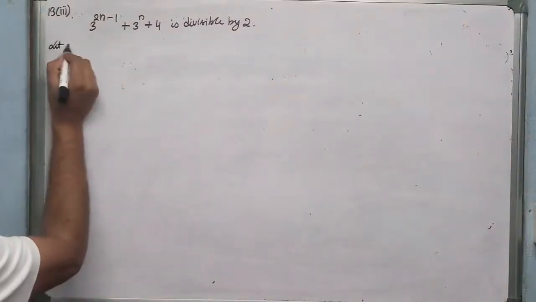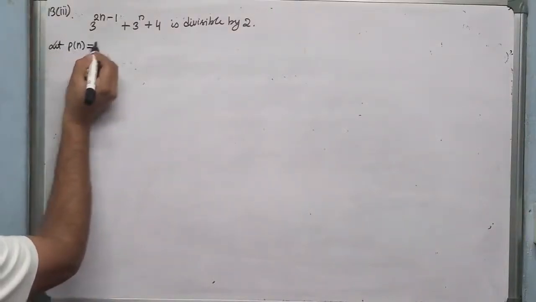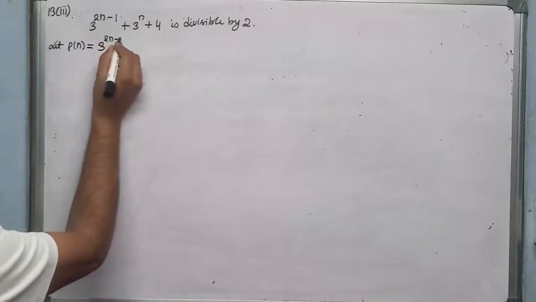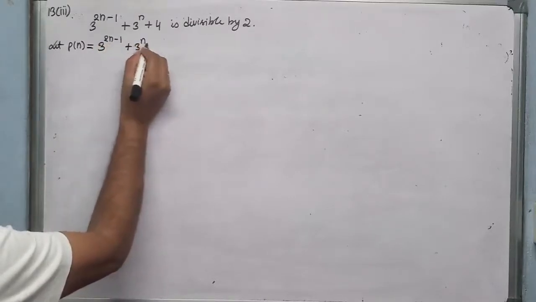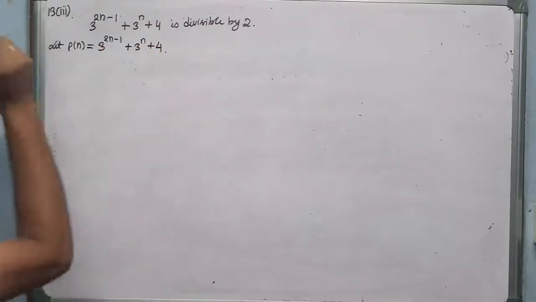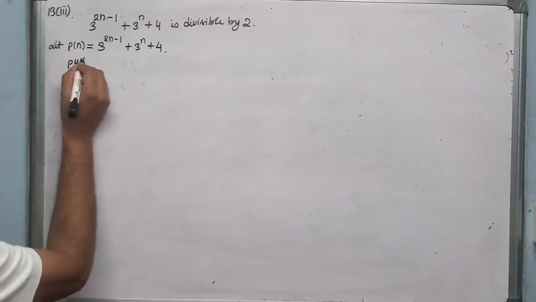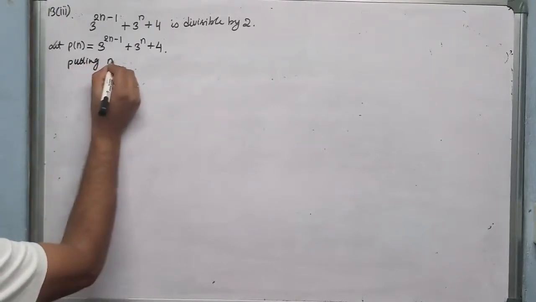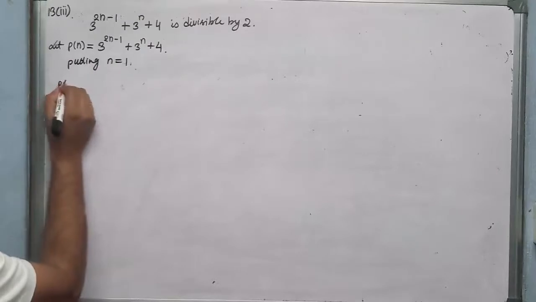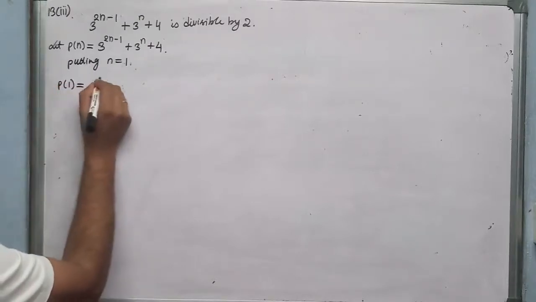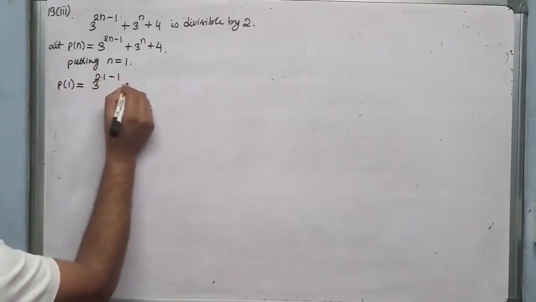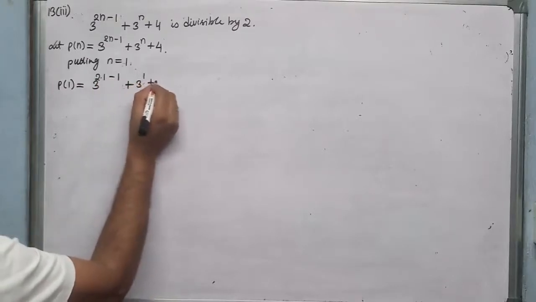Now I'll consider that Pn is equal to 3 to the power 2n minus 1 plus 3 to the power n plus 4. Same method: putting n equal to 1, P1 is equal to 3 to the power 2 into 1 minus 1 plus 3 to the power 1 plus 4.